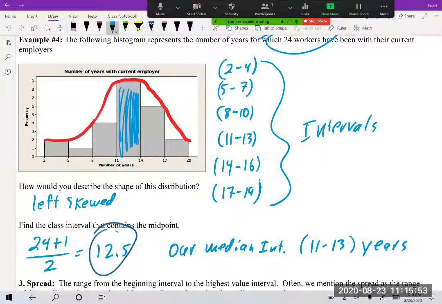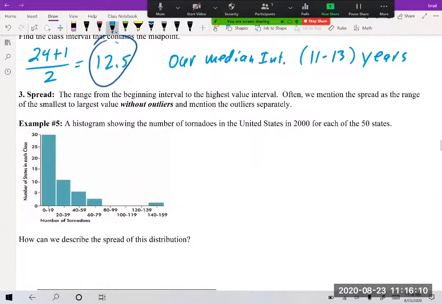So the 12th or 13th person. And that happens somewhere in the interval from 11 to 13. So that is our median interval. And it's not because the number 12.5 is in here, like 12.5 years, it's because the 12.5 person was in there, okay? So let's talk about spread.